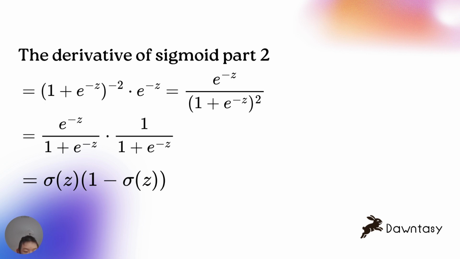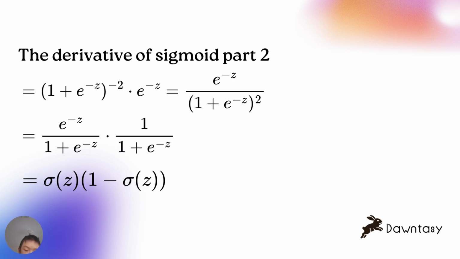And here's where it gets really interesting. We can split this into two different fractions, because there's a square in the middle, it's just 1 plus e to the power of negative z times itself, then we can rewrite it equivalently as the fraction below. And if you notice, the second term, 1 over 1 plus e to the power of negative z, is exactly the sigmoid function itself.